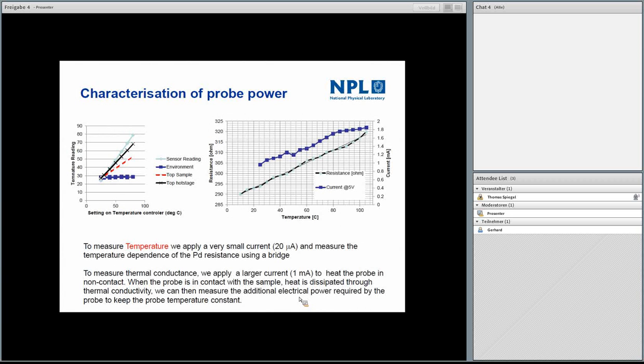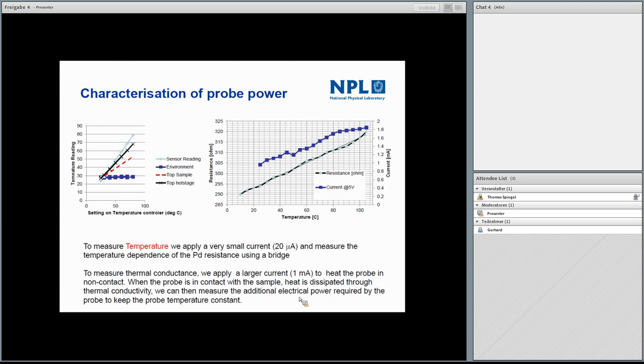So the principle is pretty simple. The practicalities of it are a bit different. We need first to characterize the probe power and the thermal gradient we can manage within the system when we have the tip in contact with the surface.